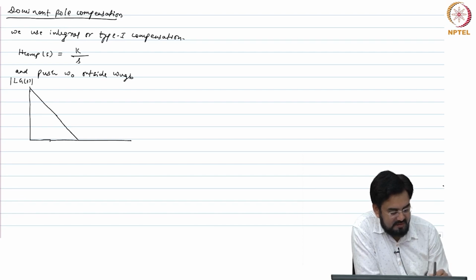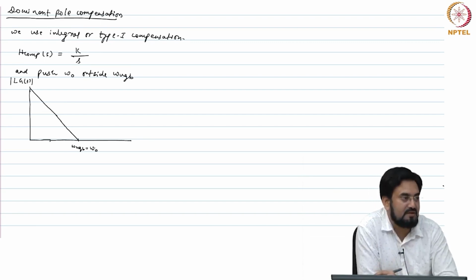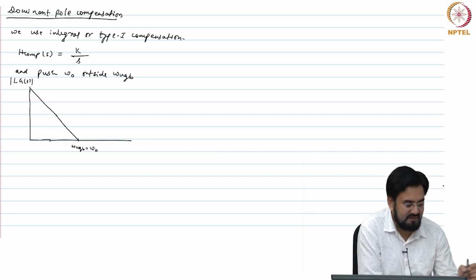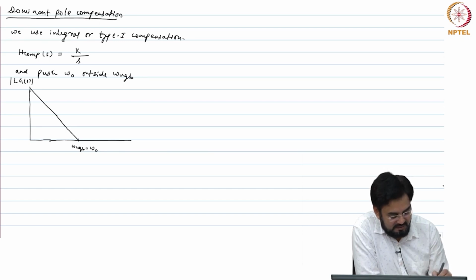Let us say I make omega UGB equal to omega naught. That is what I try to do, but I am not considering the Q naught factor. So what would happen? In this case, it will peak here, it will do like this.